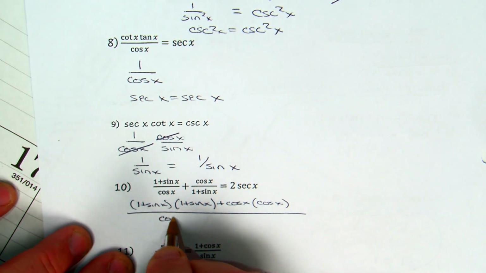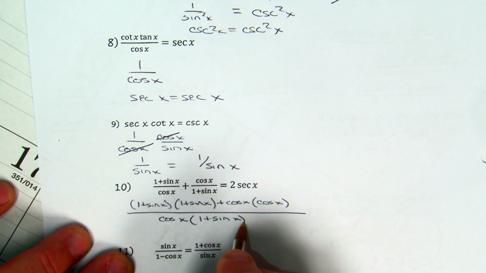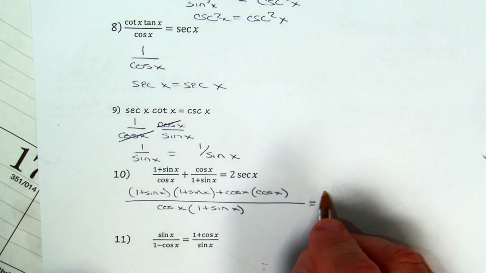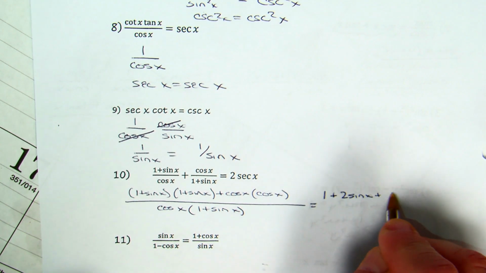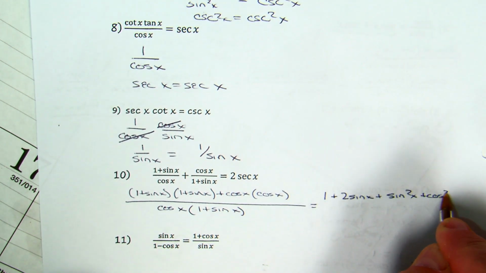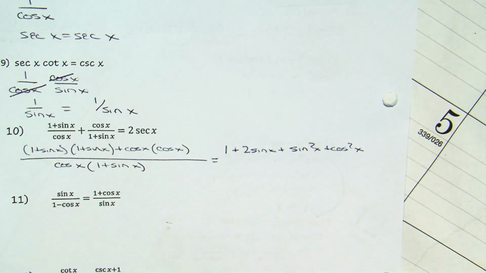And I'm going to leave my common denominator without distributing. So cosine x times 1 plus sine x. I'm then going to have 1 plus 2 sine x plus sine squared x plus cosine squared x. And my numerator.